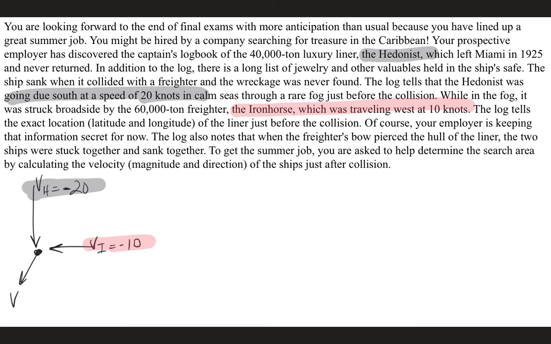And then we have, hedonist was 60,000 tons. I'm sorry, get that backwards. 40,000. 60,000 ton for that, 40,000 for the hedonist. All right. So we'll need those pieces of the puzzle.